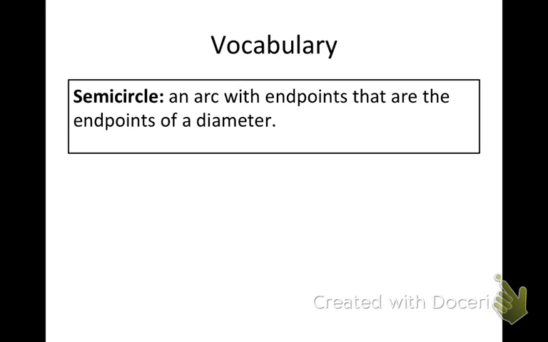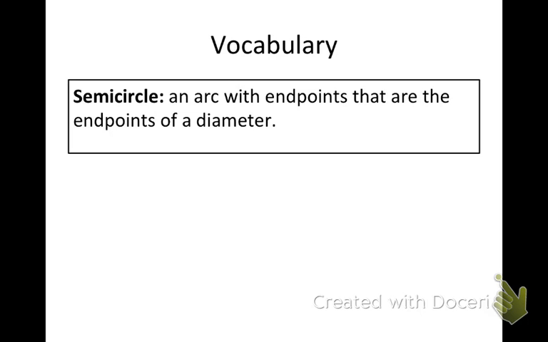All right, so let's do a semicircle. You've heard of a semicircle before, hopefully. How many degrees is in a semicircle? 180, right? So our actual definition of a semicircle is an arc with endpoints that are the endpoints of a diameter.